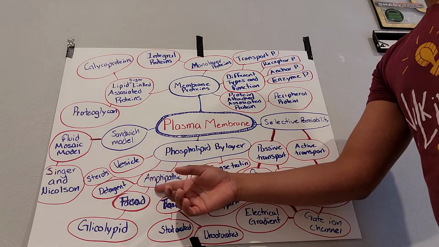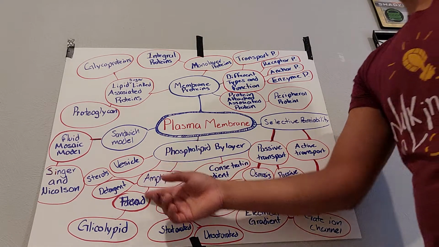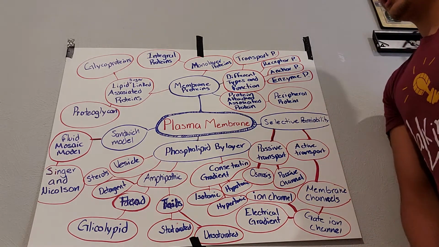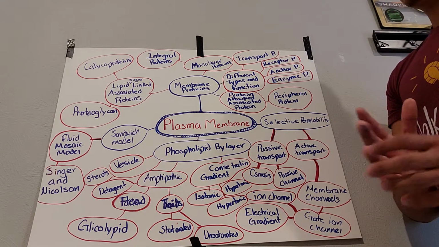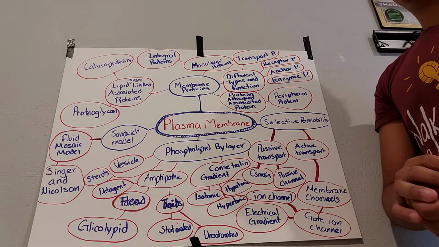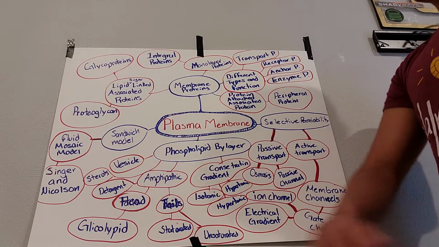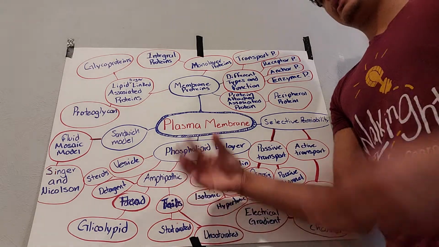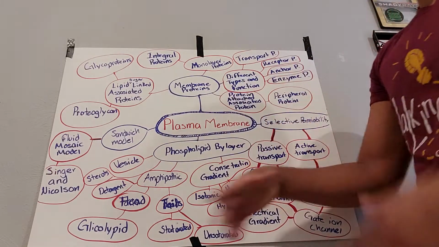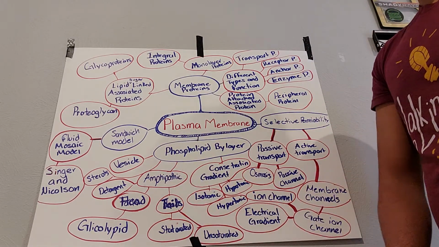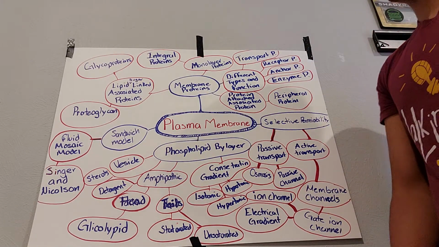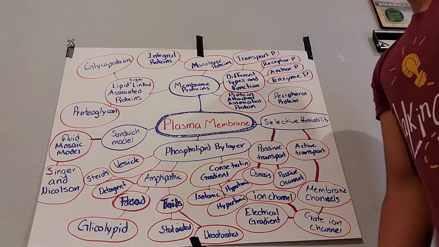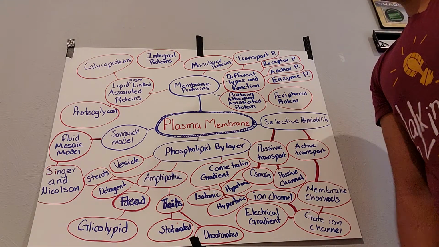This is because the phospholipids are amphipathic, which means that they have a group that is hydrophobic and hydrophilic. Hydrophobic would be the tails, that's why they're pointing away from the water, and the heads would be hydrophilic. That's why they point into the aqueous environment.